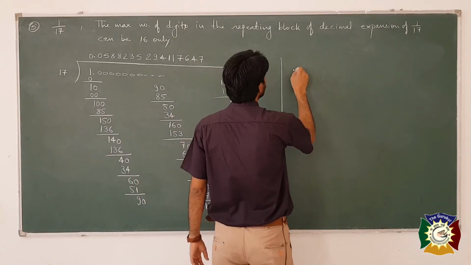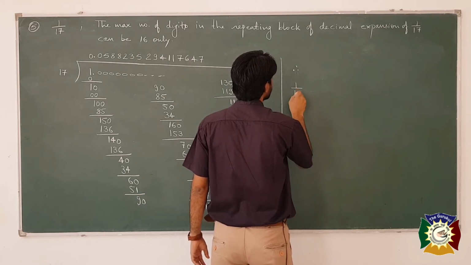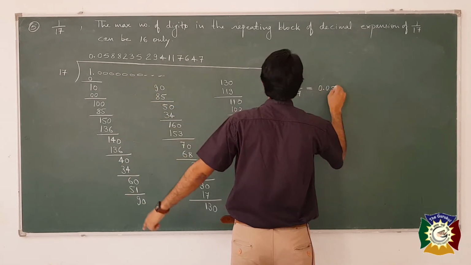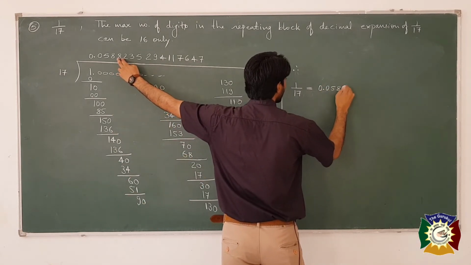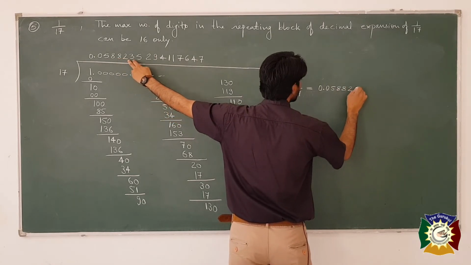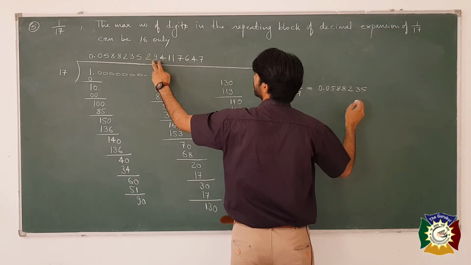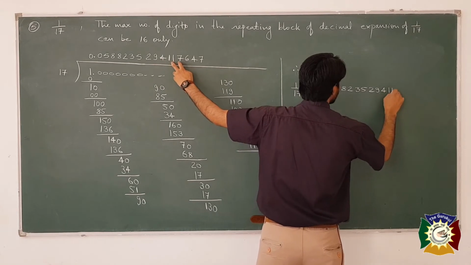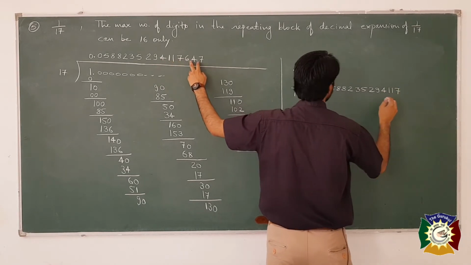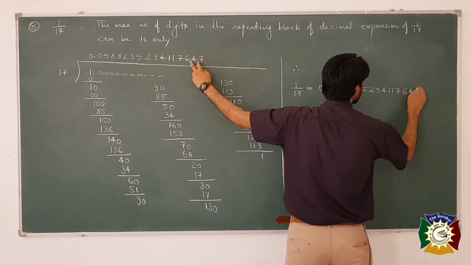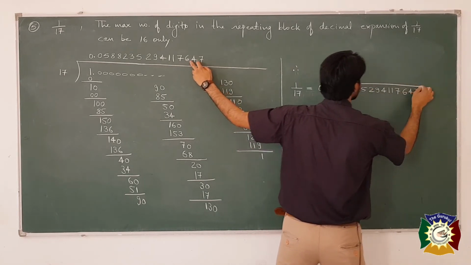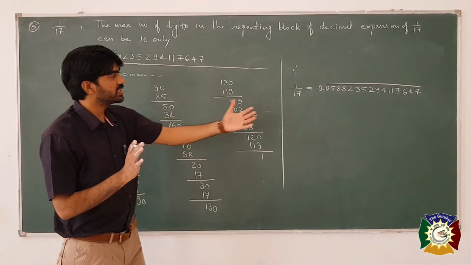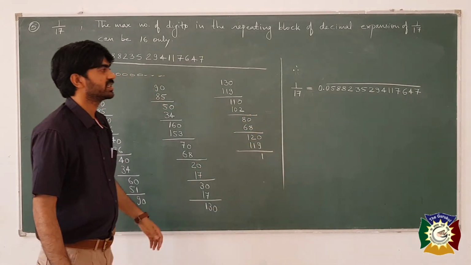Therefore 1 divided by 17 is equal to 0.0588235294117647, and we can put bar on all 16 digits because all 16 will get repeated again and again. So this is the complete repeating block of 1 divided by 17.